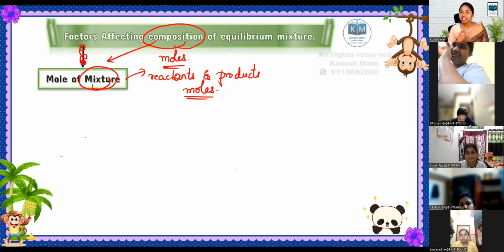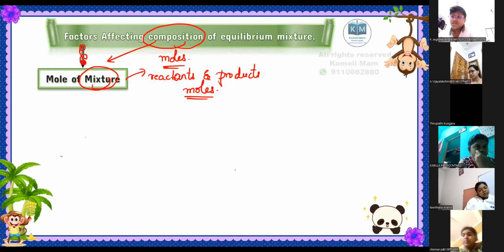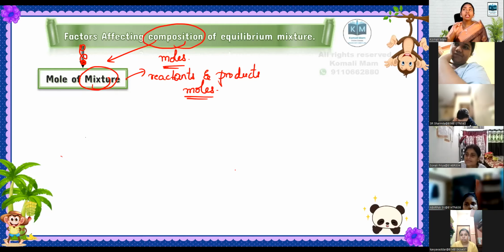Same way, Le Chatelier's principle also. What is this principle? Listen carefully. If we make any change, equilibrium will shift in the opposite direction to reduce the change. For example, if you increase the pressure, equilibrium tries to decrease the pressure.